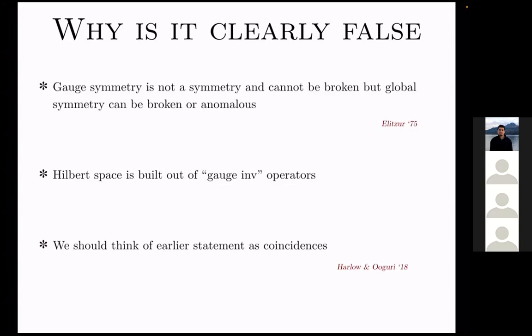But the statement should be that it's a coincidence that in most cases the symmetry group of the gauge symmetry in the bulk is the same as the symmetry group of the global symmetry in the boundary. And there is a map using line operators and boundary constructions that was discussed a bit by Harlow and Ooguri two or three years ago.